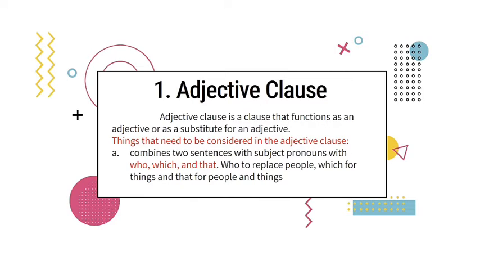Things that need to be considered in the adjective clause: combine 2 sentences with subject pronouns who, which, and that. Who to replace people, which for things, and that for people and things. Jadi, adjective clause adalah klausa yang berfungsi sebagai kata sifat atau sebagai pengganti kata sifat.